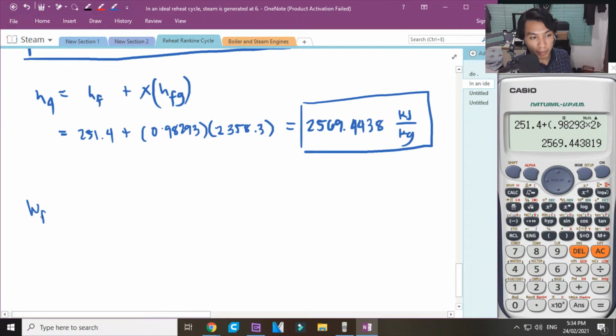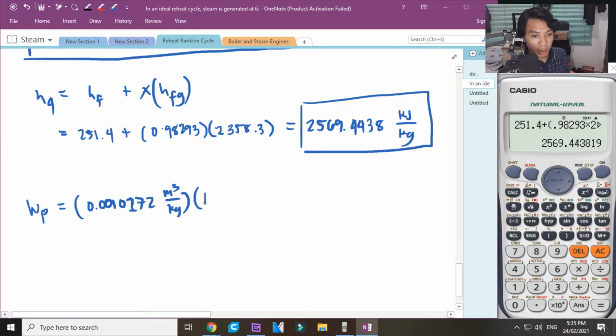The work of the pump is equal to VF at condenser pressure. Ang VF niya is 0.001172 meter cube per kilogram.